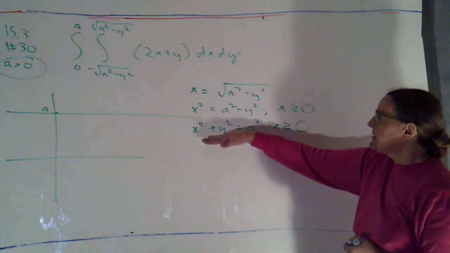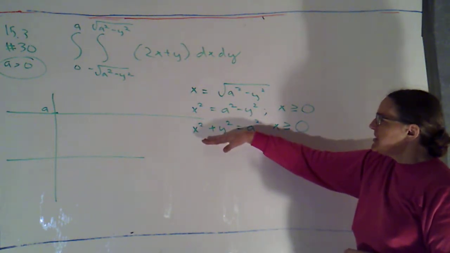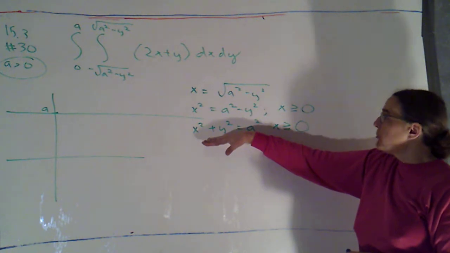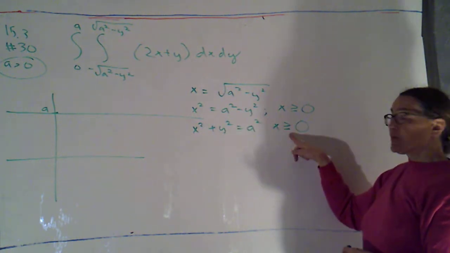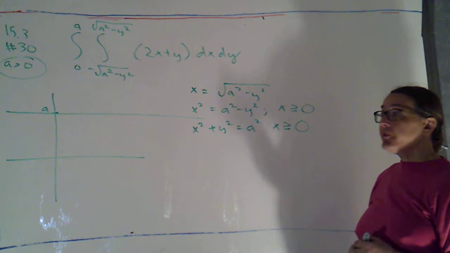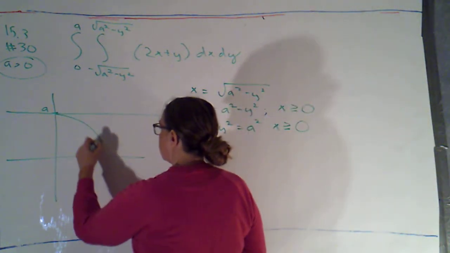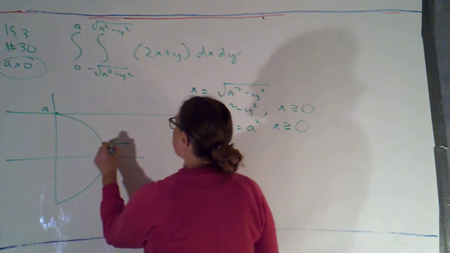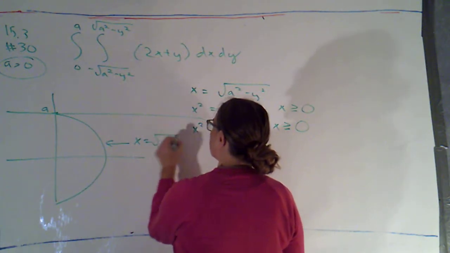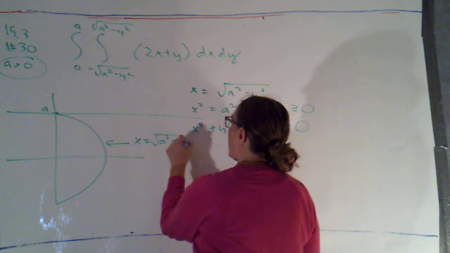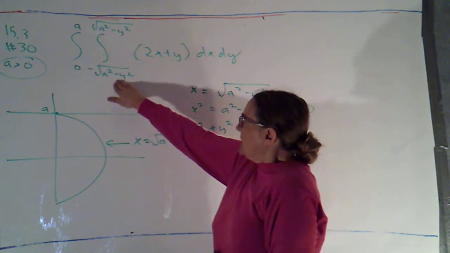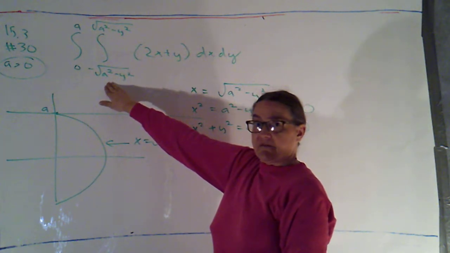I'm kind of liking that, because I recognize that this is just the equation of a circle of radius a. This restriction just means that we're talking about the right half of a circle of radius a. So that would look something like this. That's x equals the square root of a squared minus y squared. Now here I can see x is just the opposite of that.